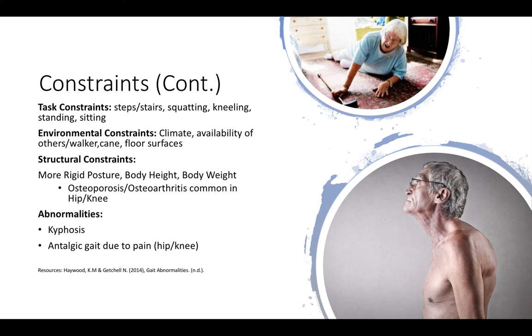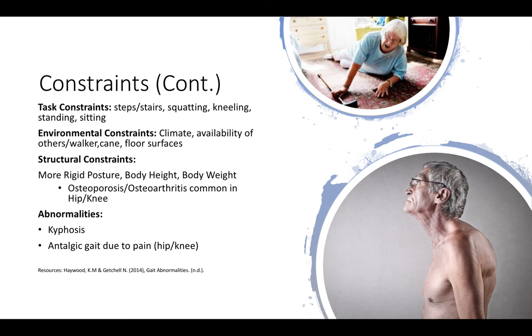There could be environmental constraints such as the climate, weather, the availability of others, as we talked about, walker, cane, so depending on objects to keep upright when they walk, and floor surfaces that could be too slippery or just rocky, or it could be various surfaces that are too hard for the older person to walk on.